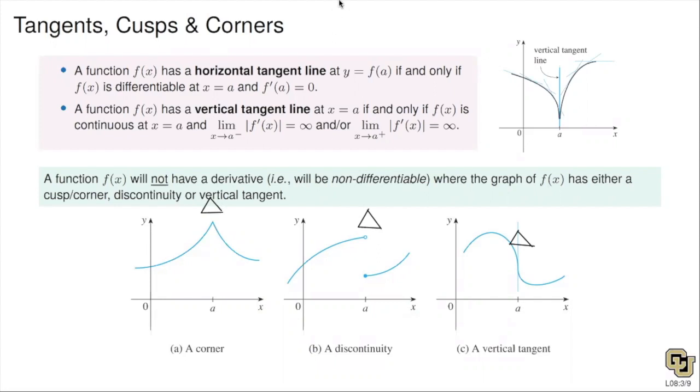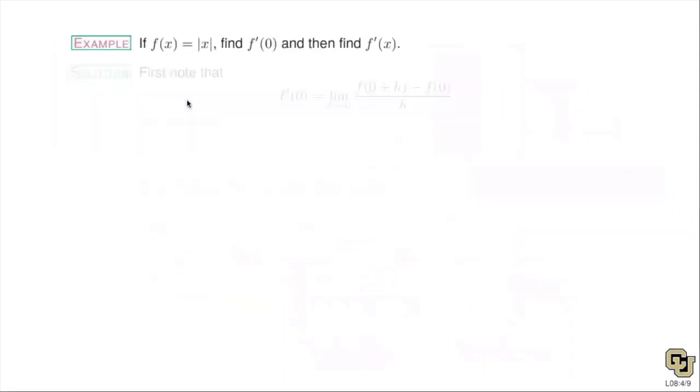Where the ground is not differentiable seems like a terrible place to try and land a spaceship. Okay, so differentiability is really important on many, many levels, and we'll talk about it. Not just this spaceship analogy, which is a very valid situation. If we're landing our spaceship, we want to try and find a nice differentiable spot to put our spaceship down on. So let's do an example here.